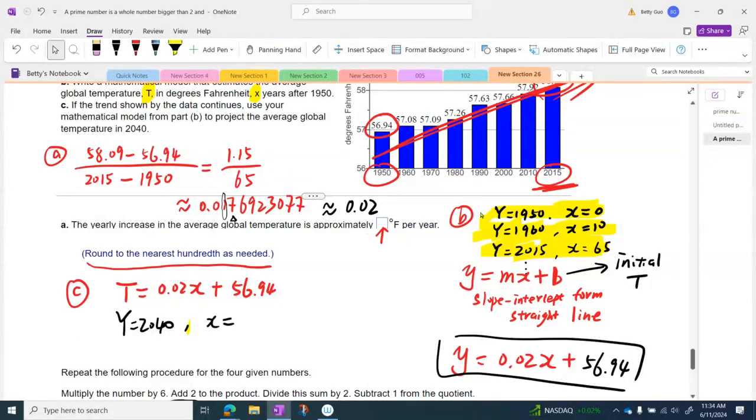Let me repeat my question. Earlier we analyzed when the year is 1950, x is 0. That's the initial year. We see that as the very beginning. When the year is 1960, then x equals 10, right? Because that's 10 years after 1950. When the year is 2015, x value is 65. That's 65 years after 1950.